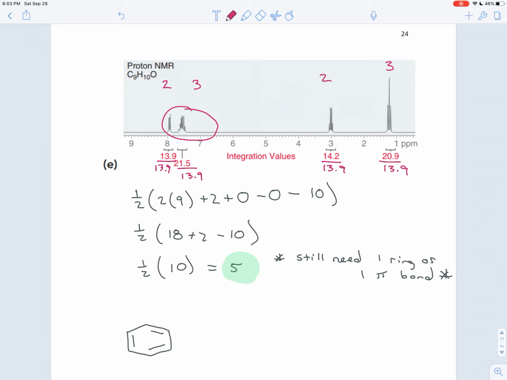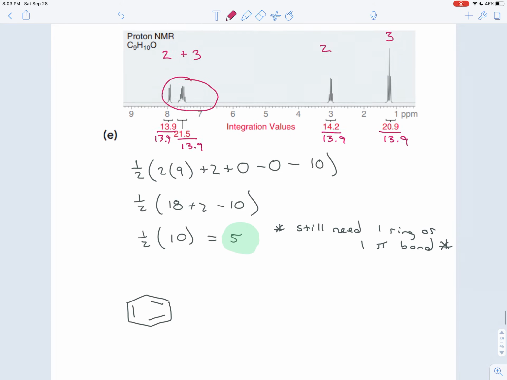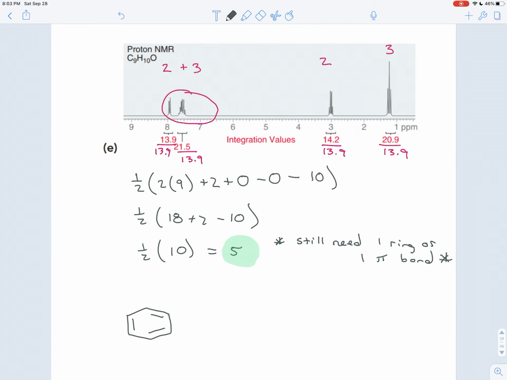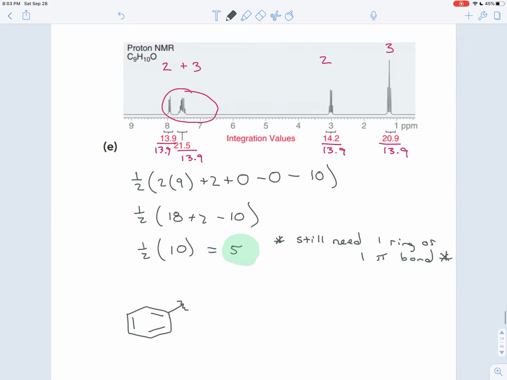Anything between 6.5 and 8 is coming from the benzene ring. And so the benzene ring has a total of 2 plus 3, or 5 hydrogens. Because benzene without any branches would have 6 hydrogens, having 5 means one of the hydrogens got replaced by a branch. So we know our benzene ring has just 1 branch.